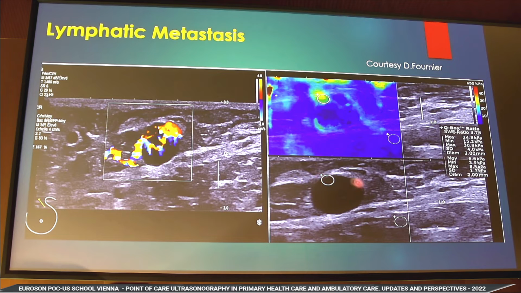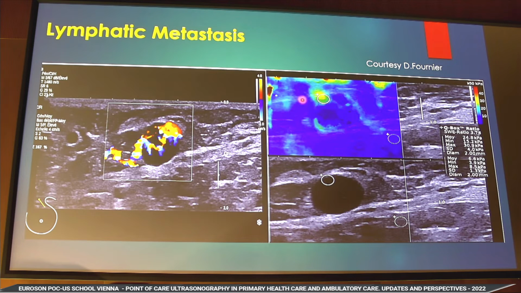You see the lymph node has a completely different pattern than the normal one, hypervascularization, and so you will not have elastography information here, just there, and he had 24, 25 kilopascal, and that means for him it's really a metastatic lymph node.